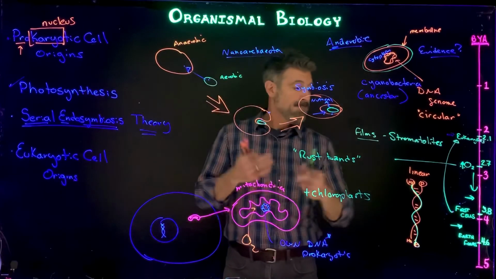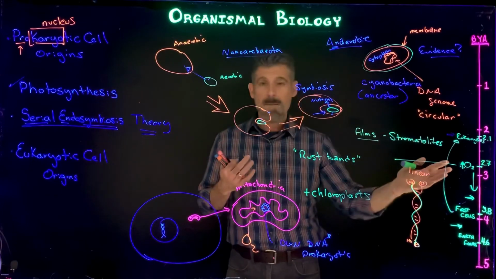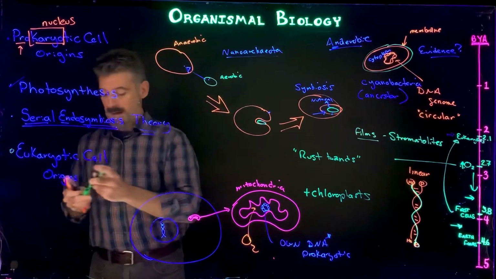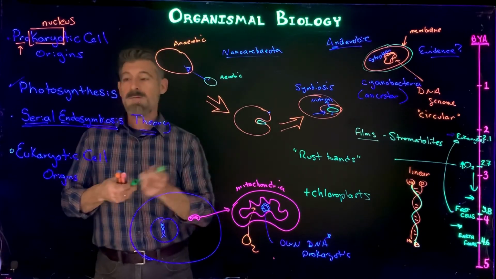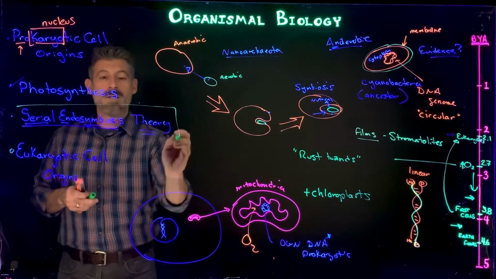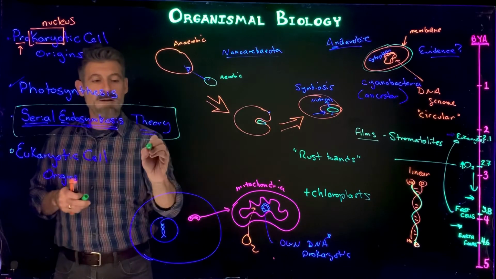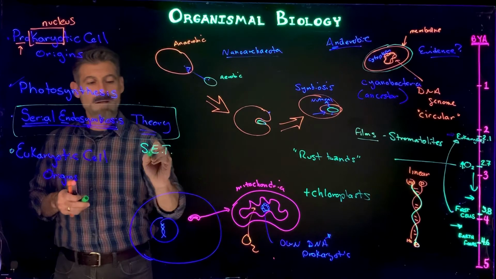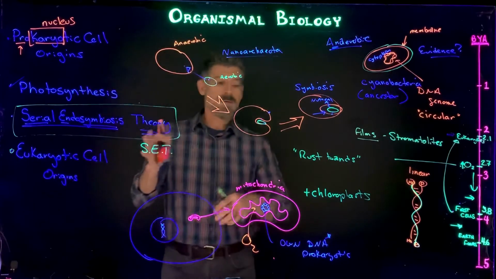And so that's the next step: how did the eukaryotic cells come about? Our explanation for this is called serial endosymbiosis theory, often referred to as SET. So if you just see S.E.T., it's referring to this idea.